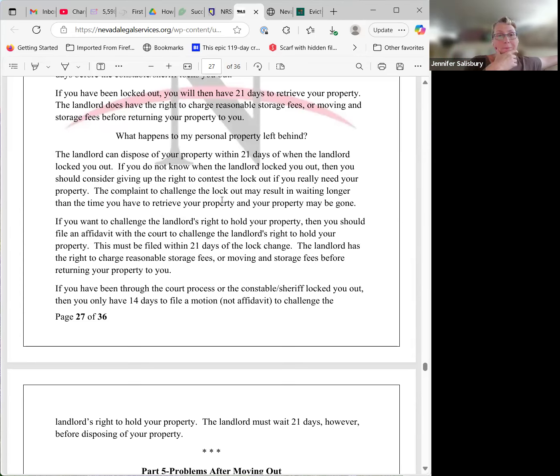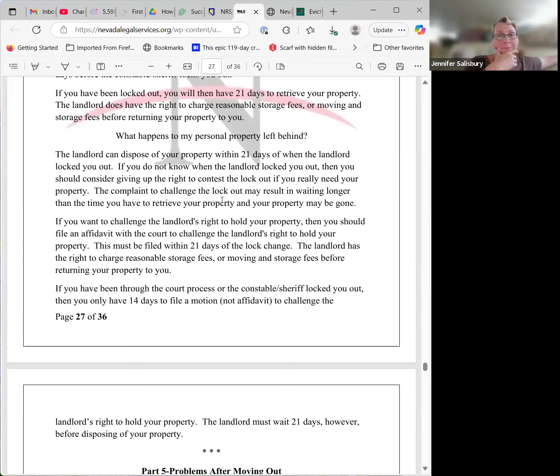This is talking about this again. Property left behind. Now this one says it must store and protect property for 30 days. No, this one says 21. Landlord must make 21. Must be filed within 21 days of lock change. Okay, so there's a bit of confusion in here.